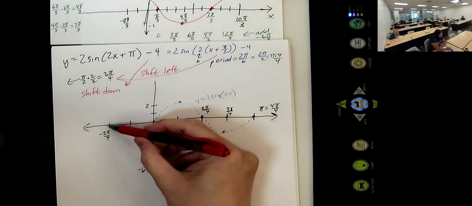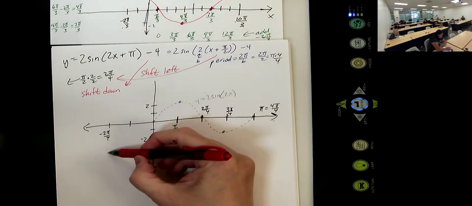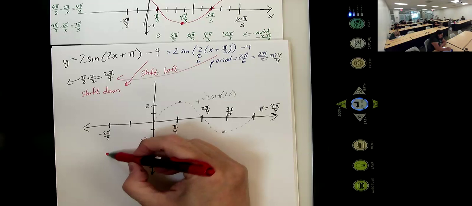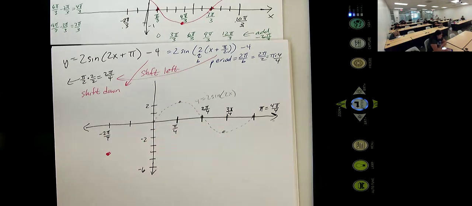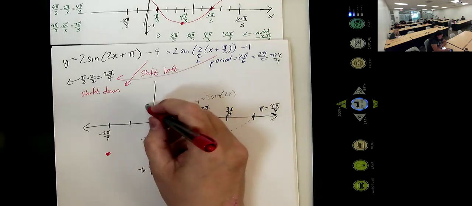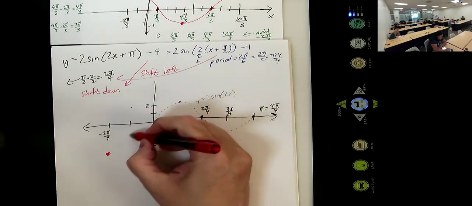So left 2 pi over 4, down 4 is right about there. Shift this one left 2 pi over 4 and go down 2, we're right about there.